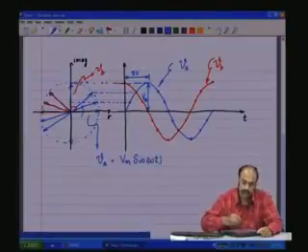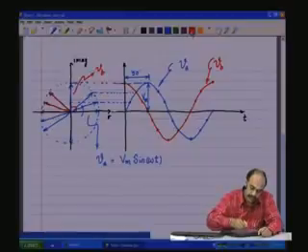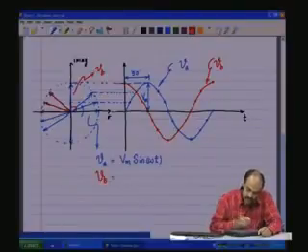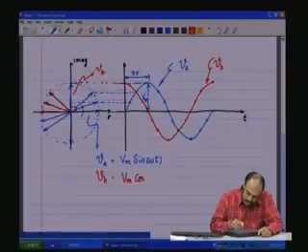Vm sin omega t, amplitude Vm and sin omega t. VB is Vm cos omega t.